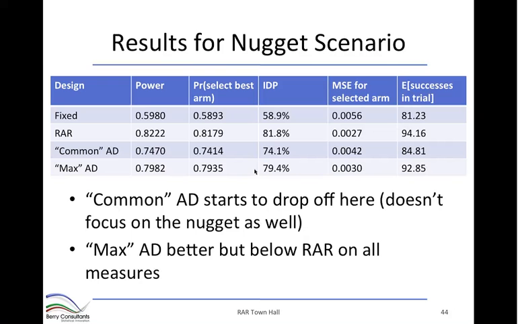Just take it as a guess that you get a pretty smooth transition here: if you're getting more successes in the trial on average, you're getting fewer patients exposed to bad arms. It's also relevant to consider the variability in that. How often does a trial go completely south? I think that also would be less, but I do need to compute that. That's a good question.